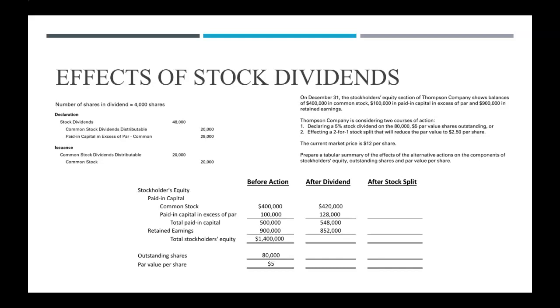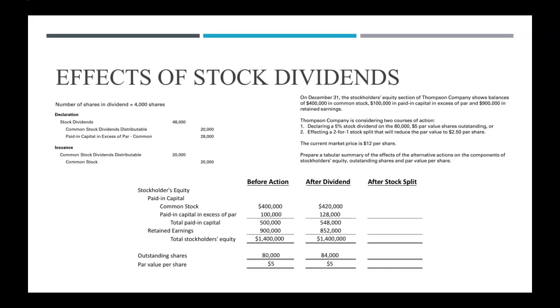Then for your total stockholders' equity, we add up our retained earnings and total paid-in capital, and we see that it's $1,400,000. Now, outstanding shares. We are now up to 84,000 shares. We were at 80,000, but then we just handed out 4,000 more during this dividend. And our par value stays at $5.